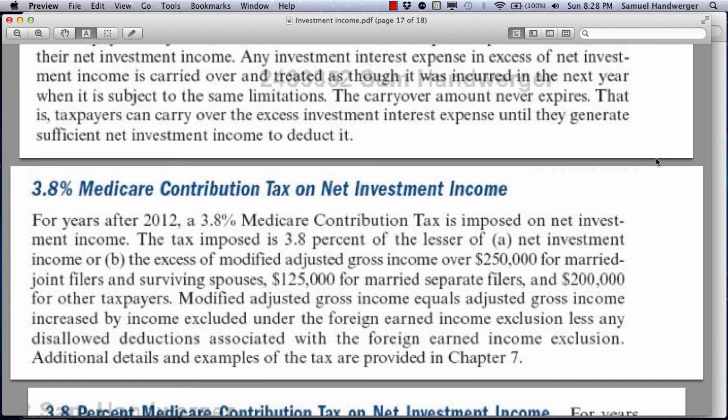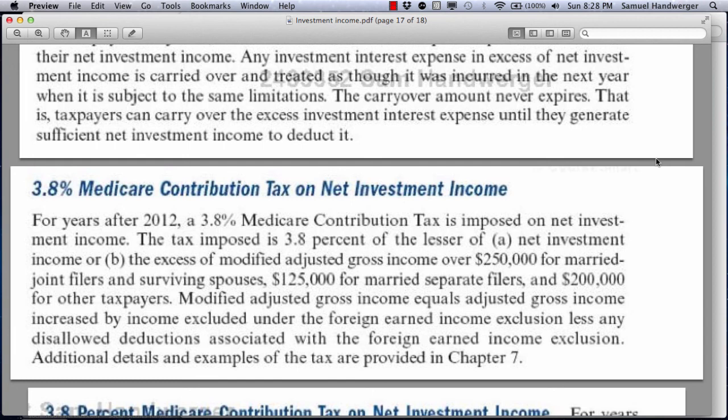Study those rules and be familiar with the basic idea that if you are making enough money, $250,000 of what they call modified adjusted gross income, it's going to take adjusted gross income and do something to it.